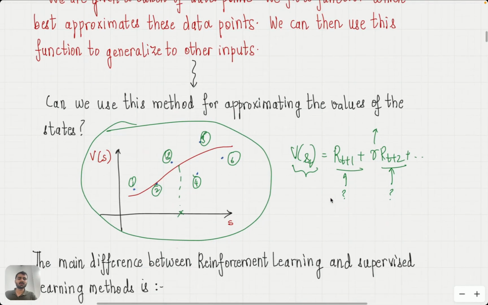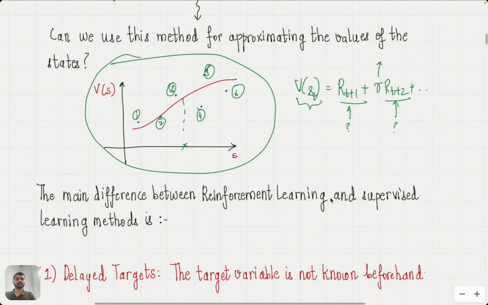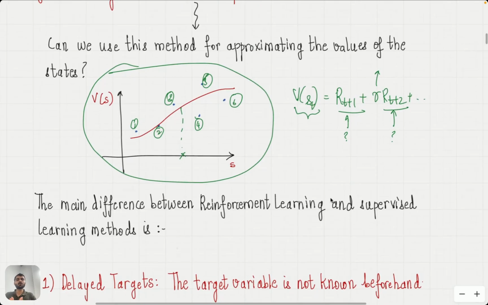So the target is delayed. The target variable is not known beforehand, which is a problem in reinforcement learning. And that's why, even though the task we are faced with is that of function approximation, we do not know the output variable at all unless we interact with the environment.